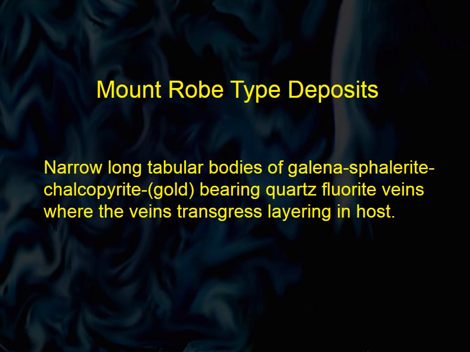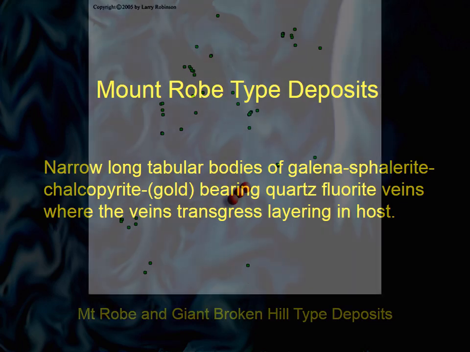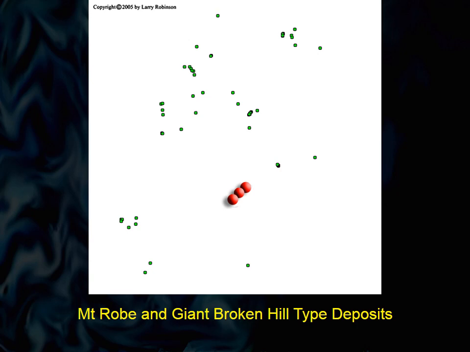The Mount Robe type, which consists of narrow, long, tabular bodies of galena, sphalerite, chalcopyrite, plus or minus gold, bearing quartz fluorite veins, where the veins transgress layers in the host rock. Mount Robe type and the giant Broken Hill deposits.